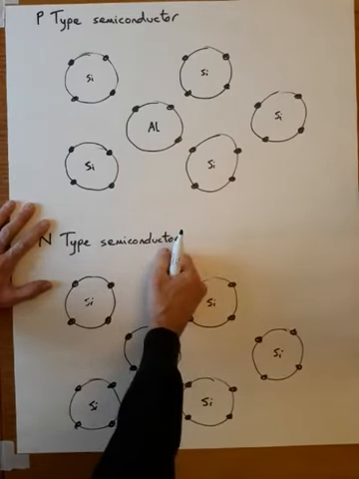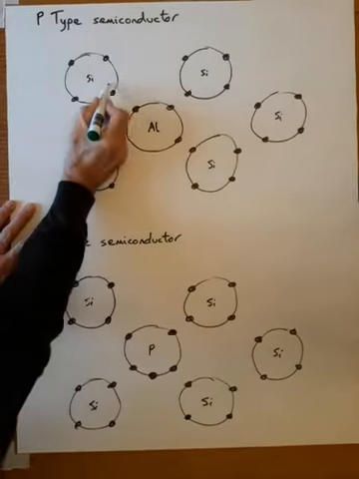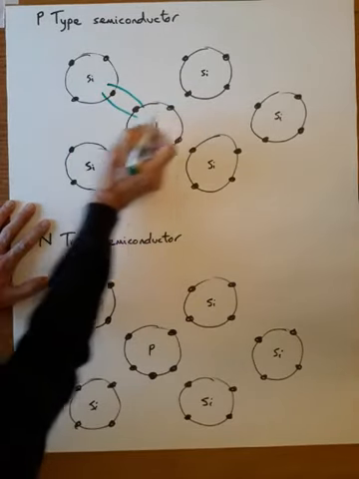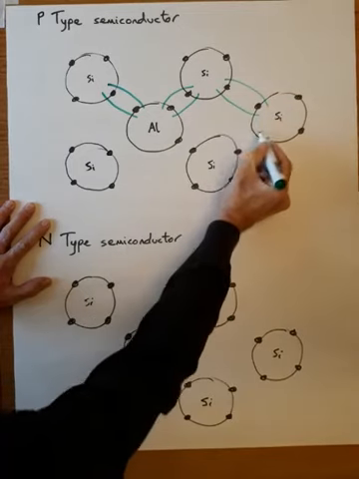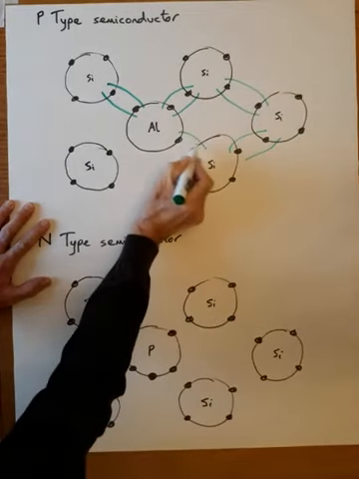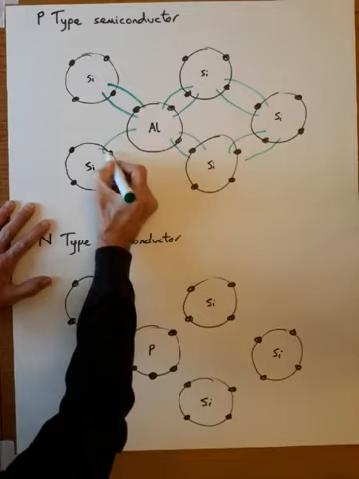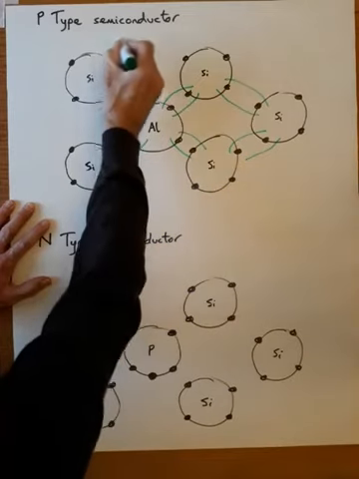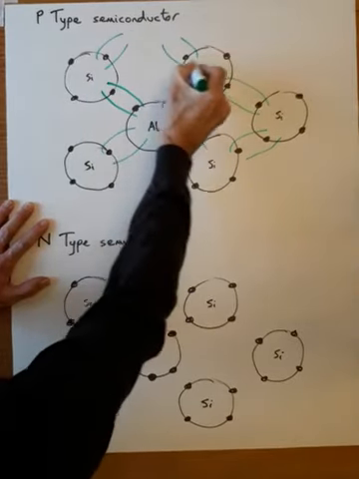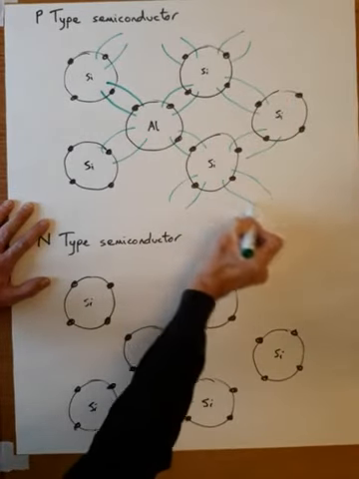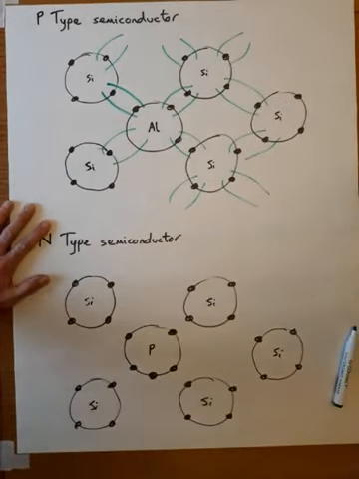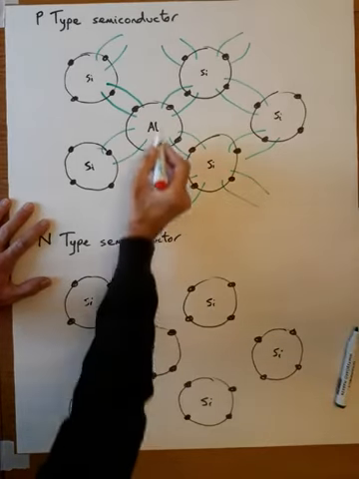And what happens is this. The outer shell electrons will form covalent bonds wherever possible. So that lattice structure is still very similar to how it was before, but with one difference.